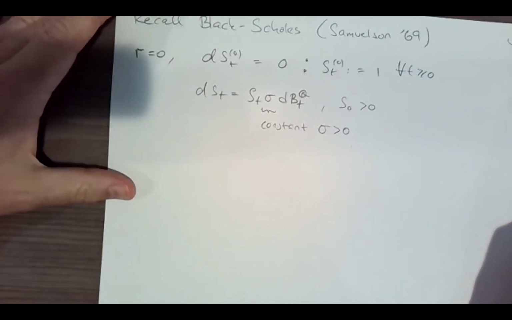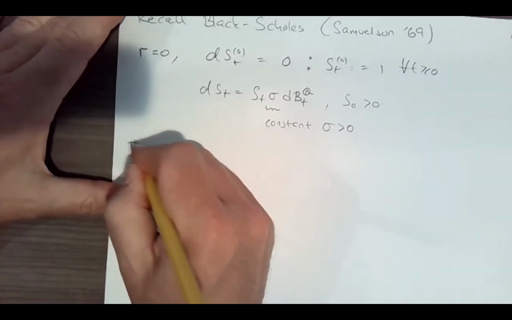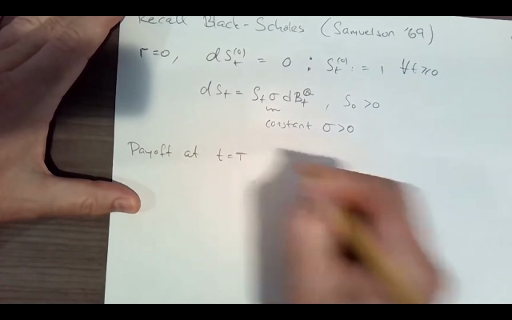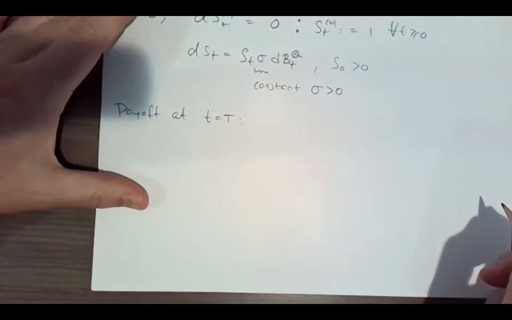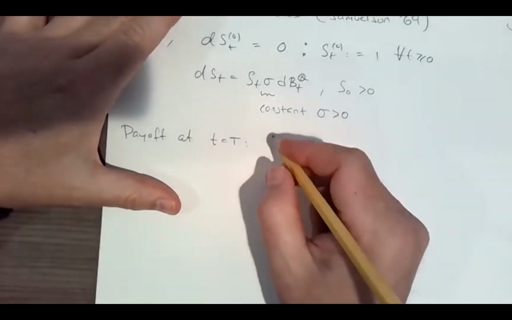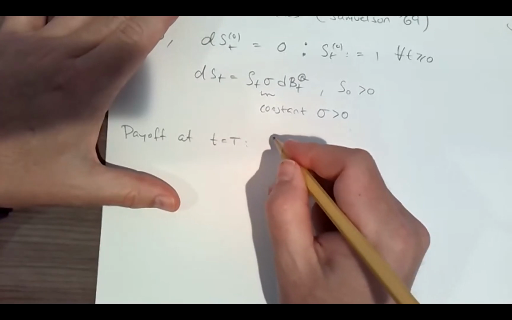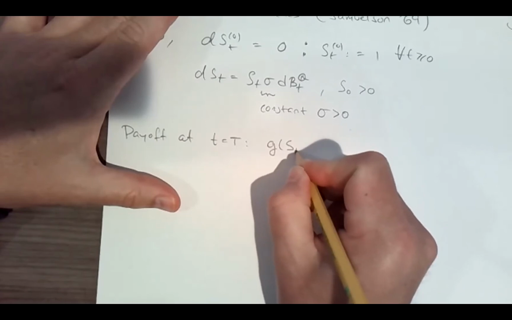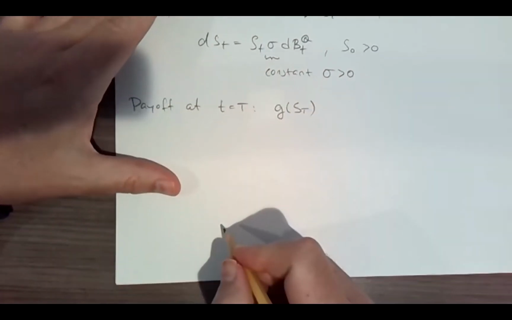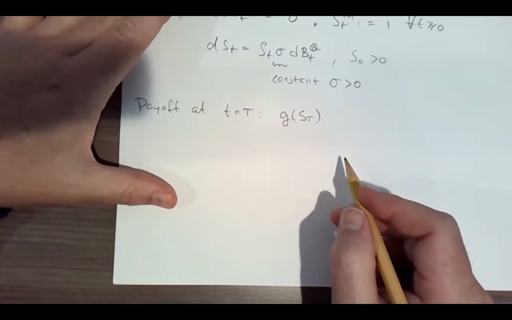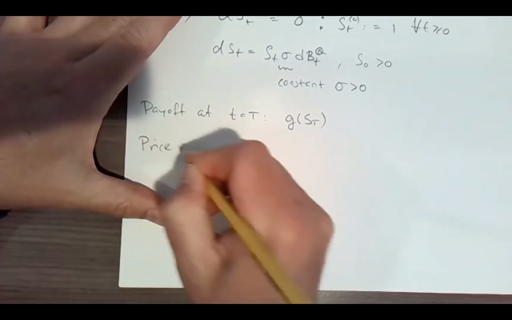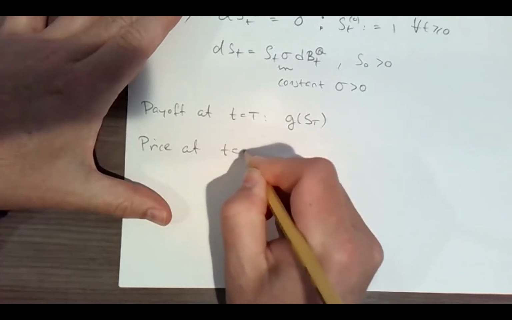So that's the Black-Scholes, and what we're interested in is a payoff at time capital T. Let's call that G of S_T. What we are interested in is the initial price, the price at time 0.